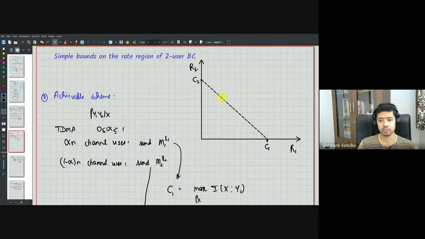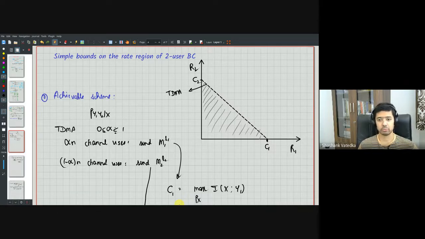Right, so this is TDMA. Right, so therefore any rate pair which lies in this entire region is achievable. Right, so this whole region is achievable. Okay, so this gives us one possible achievable scheme.